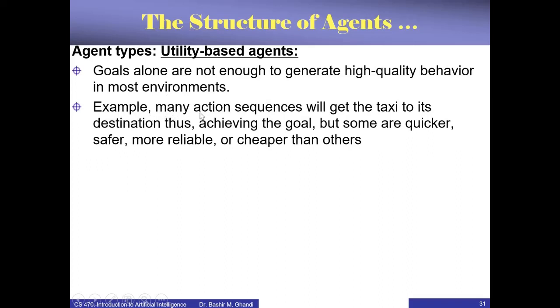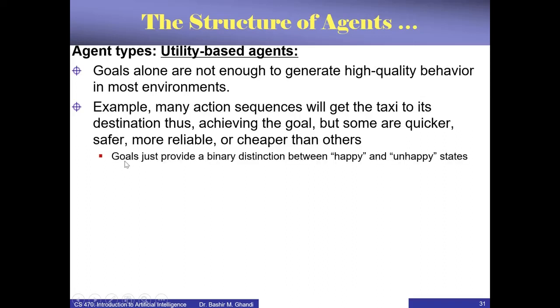Example, many action sequences will get the taxi to its destination, achieving the goal. But some of these sequences are quicker and safer and more reliable than others. So the question is, which of these sequences should the agent choose?